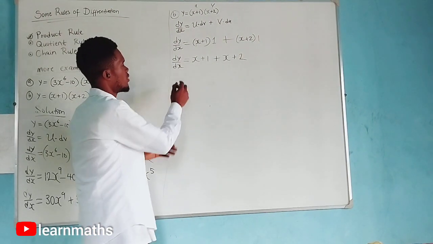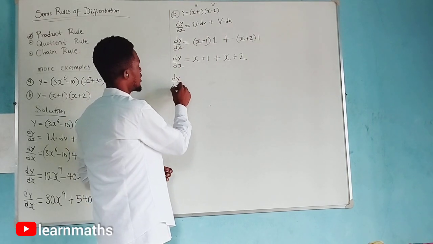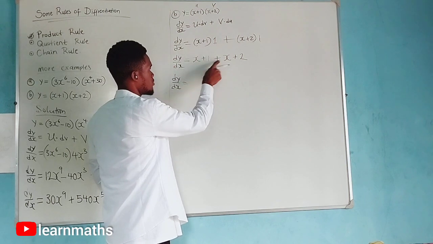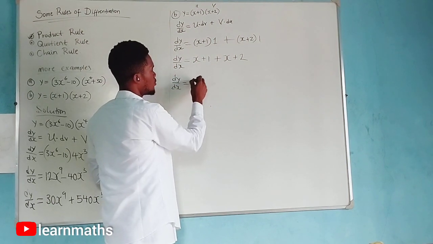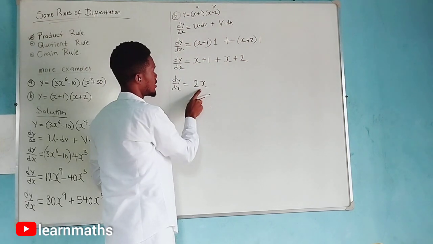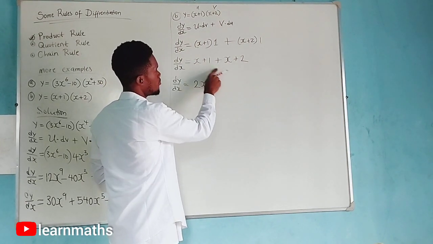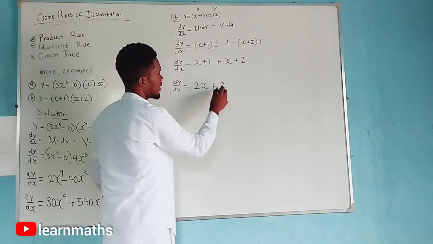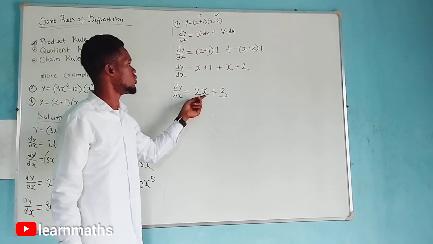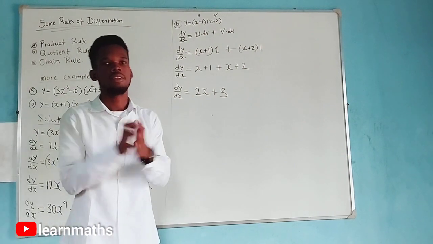So let's see the terms we can put together. This is x, this is x. This is x plus x. That is a total of 2x, right? x plus x, that's 2x. Then we have 1 plus 2, that's 3, right? So the differential of this function is going to be 2x plus 3.